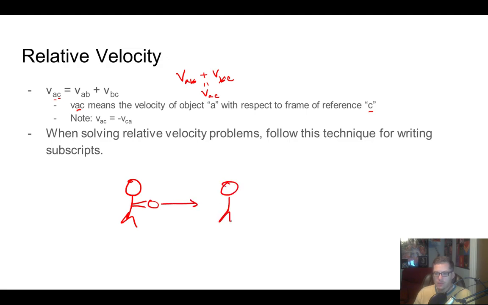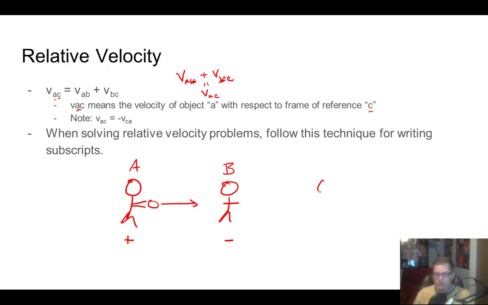Okay, so A and B. Person A is going to throw the ball, and if we decide that from our point of view a ball moving away from you is positive, and a ball moving towards you is negative, then person A sees a positive velocity, and person B sees a negative velocity. So the ball with respect to person A is positive, but the ball with respect to person B is negative. See how they flip-flop?